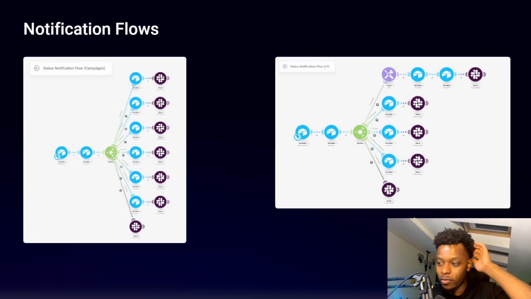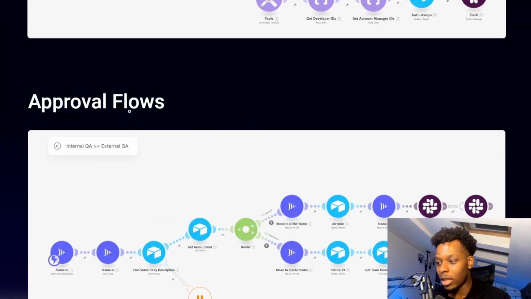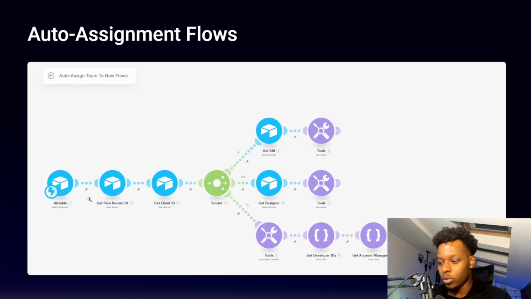Then we have notification flows. These are very, very simple. It's just whenever something moves inside of a Kanban, we want something to happen. That information comes from Airtable. You can see that there are a lot of Airtable watch responses here.